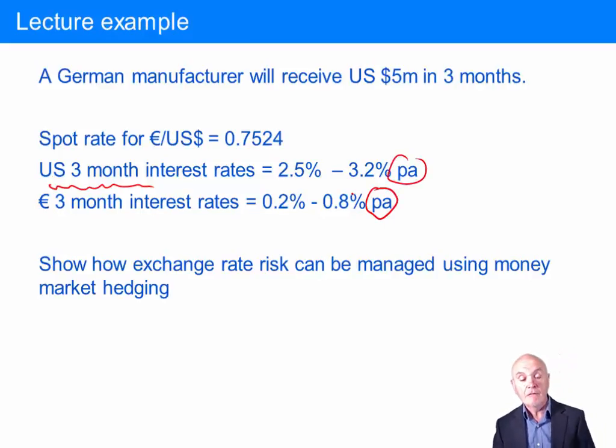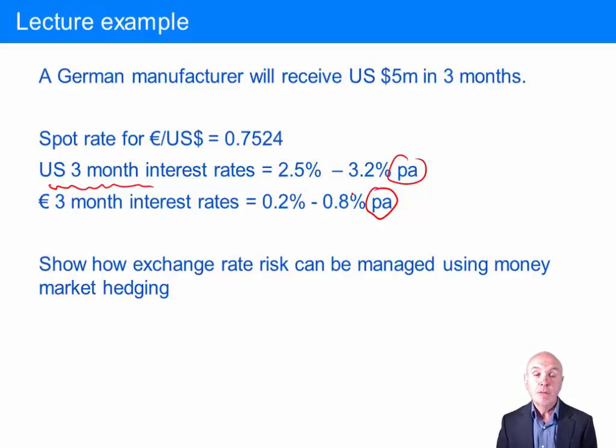We're never going to earn 3.2% because the money is not there for a year. We're going to earn a quarter of 3.2% because the money is only going on for a quarter of the year, for 3 months. So to convert the 3-month annual rate into the rate you're actually going to get for 3 months, you divide by 4.